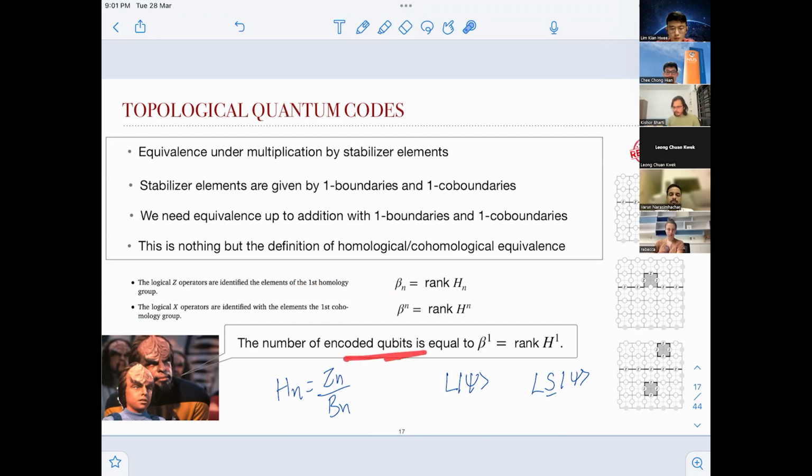And the number of encoded qubits will be nothing but the rank, because now you can do the reverse engineering: we have those many logical operators acting, so how many qubits you should have, and that's what will give you the number of encoded qubits. So that's nice, very nice.